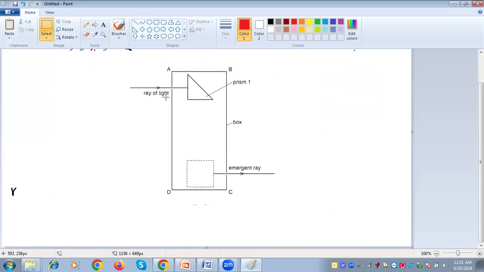So how will this ray of light go? This is a 45, 45, 90 degree prism. Which type of prism is it? This one, 45, 45, 90 degree prism. So the ray is incident at this point, you have to draw the normal.